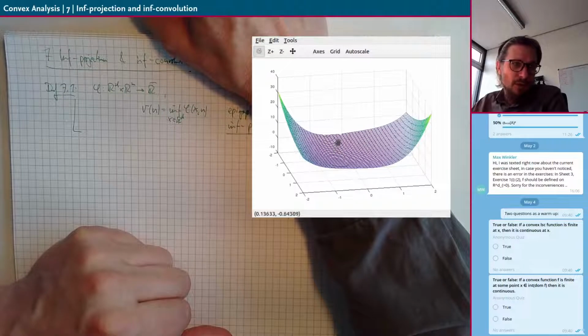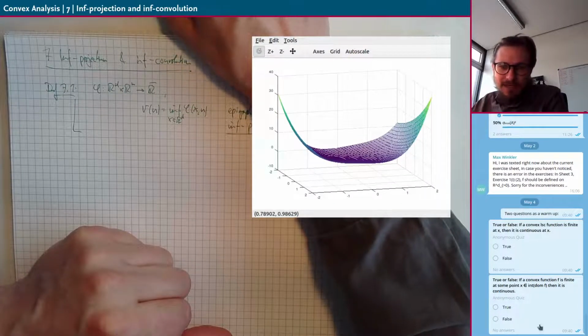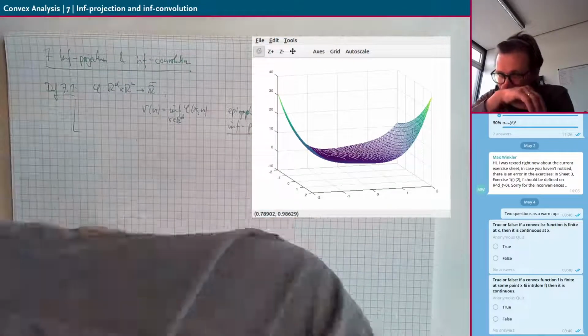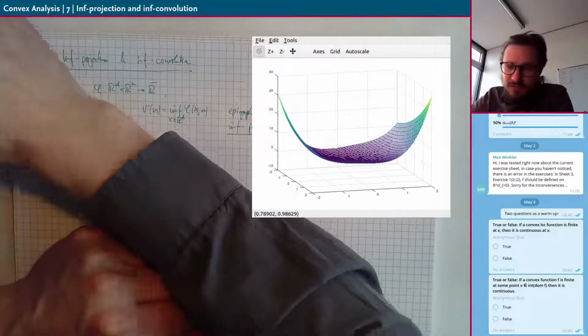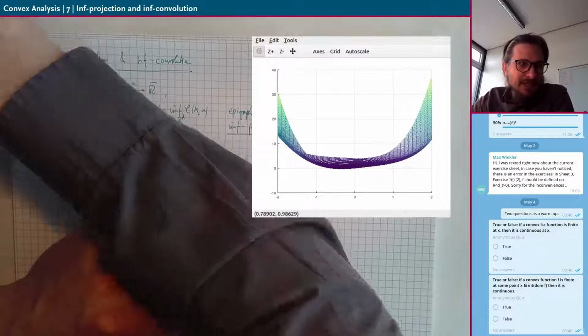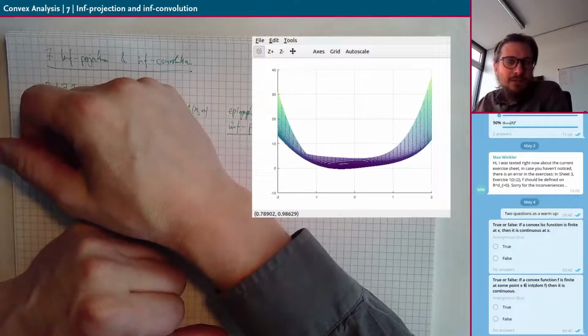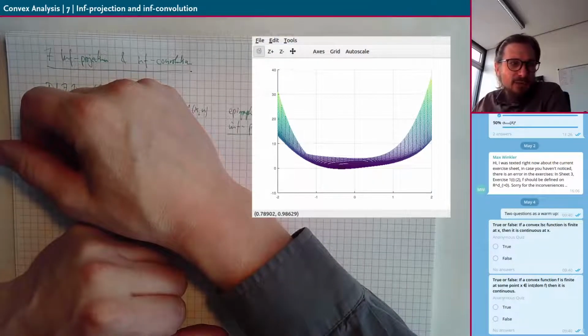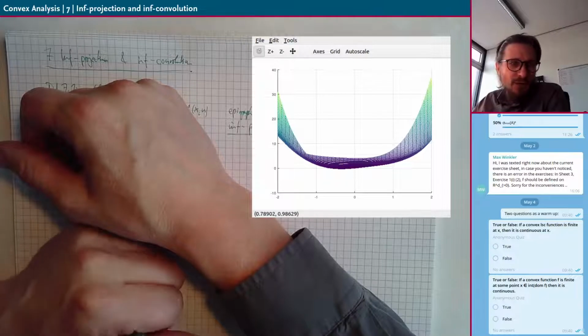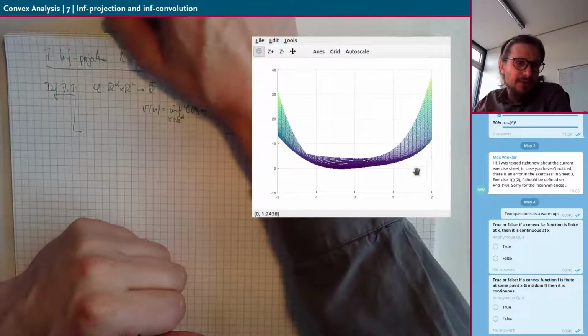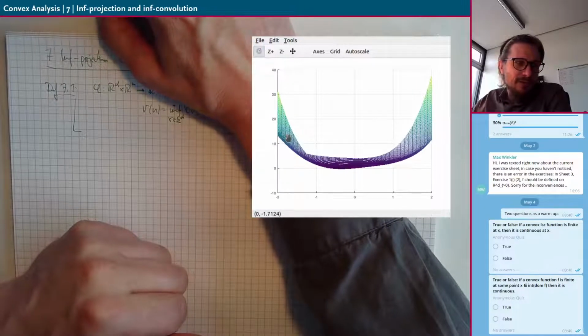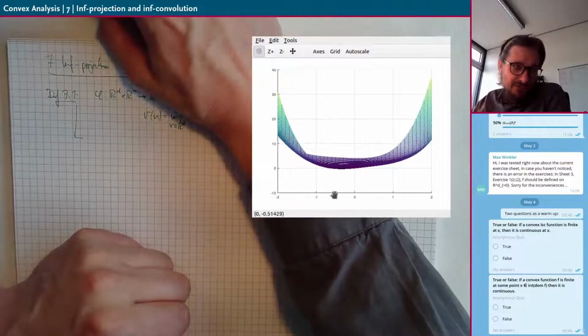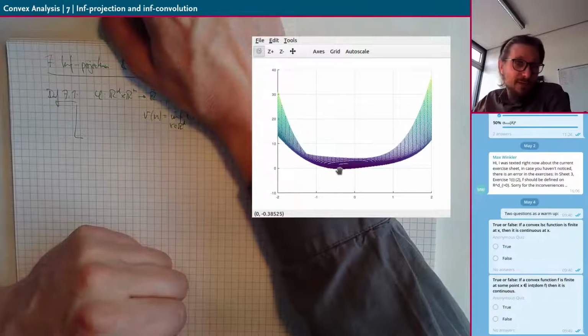So here it will be a lower value, here it will be a value probably at that end, and so on. And it's very simple to look at the inf-projection graphically. You just view it exactly from one side. This is now really a side view where one of the coordinates is projected out, and the whole line down here would be the graph of the inf-projection. Along this direction, that's the lowest value you can see.